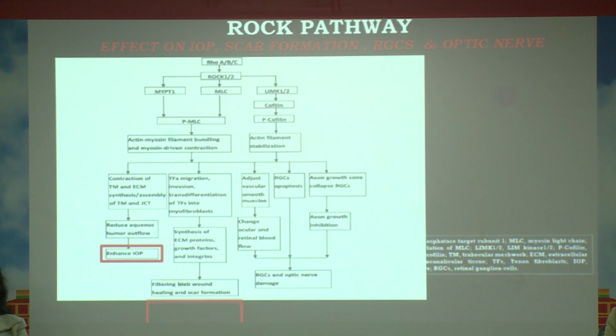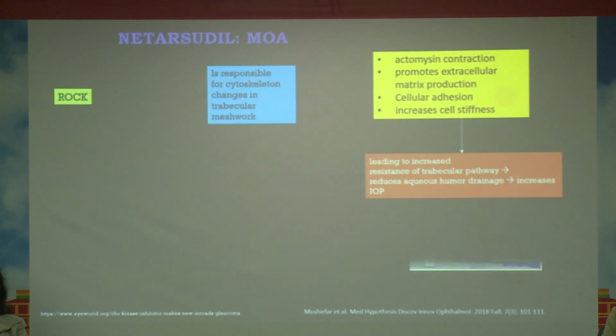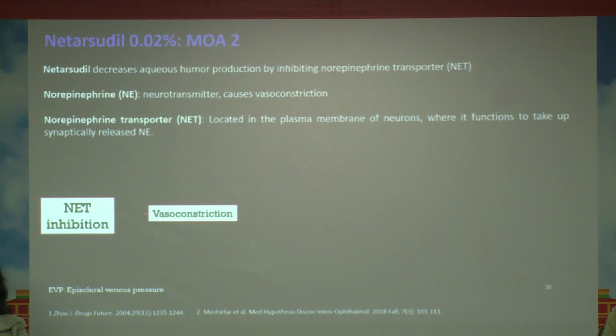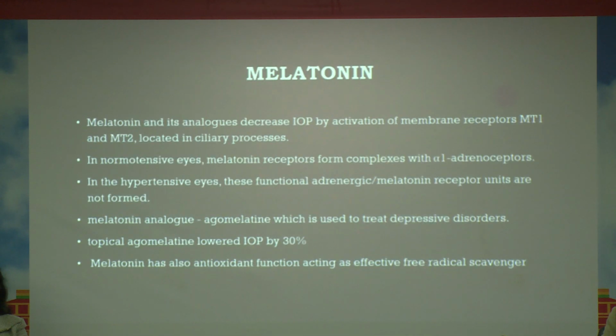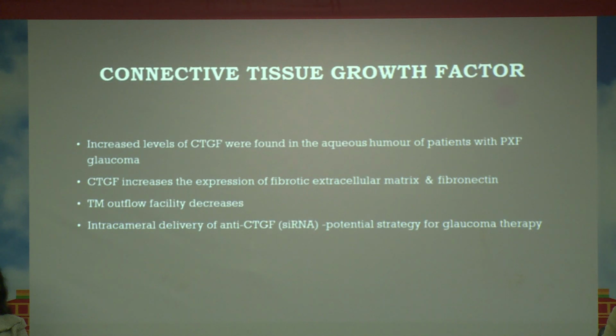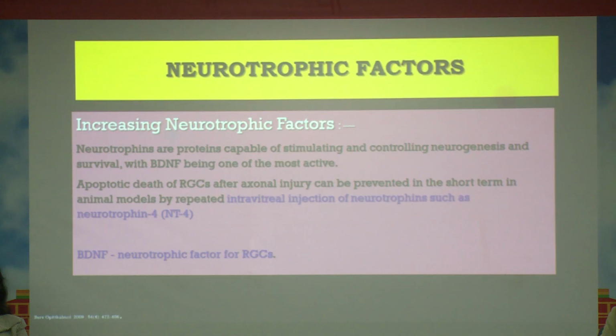So the ROCK pathway mechanism is taken care of. So I'll just conclude that ripasudil and netarsudil are some of these drugs; the cannabinoids, melatonin, connective tissue growth factors, all of these have been talked about.